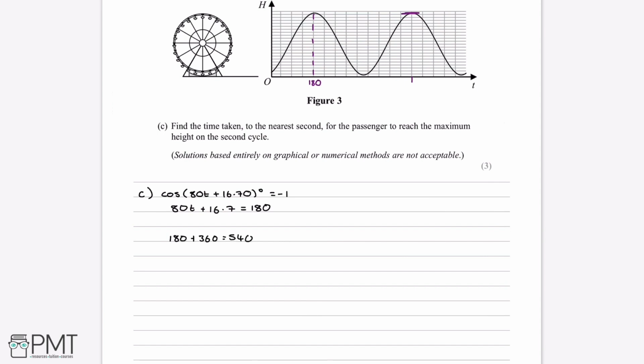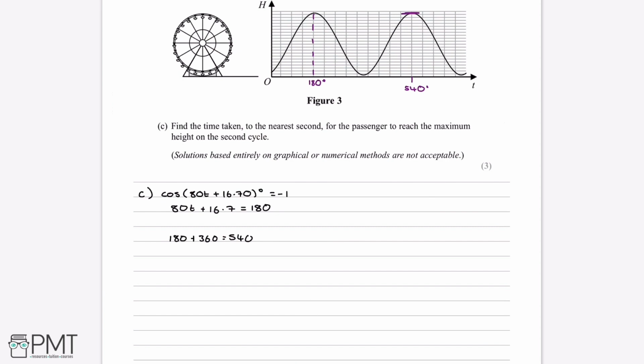So this up here is 540 degrees. Now to find the value of t that this corresponds with, because that 540 is not the value of t, that's just the angle. We know that cos of 540 is -1.